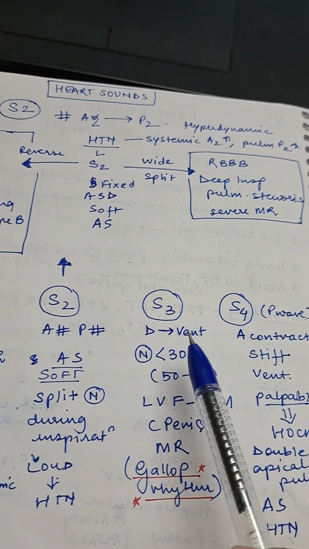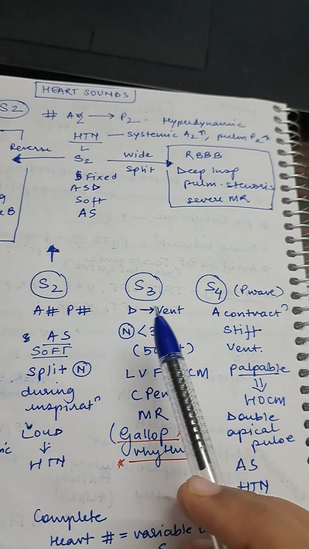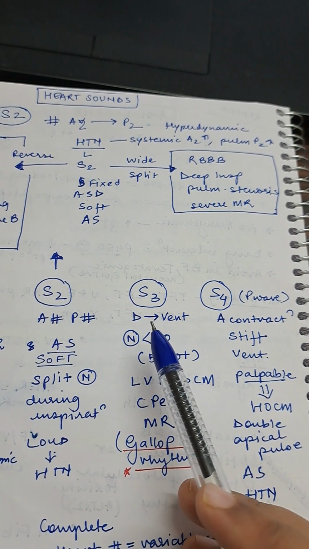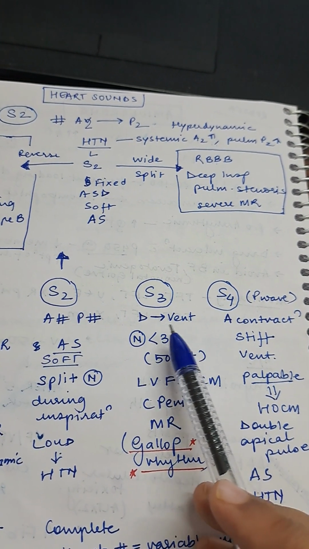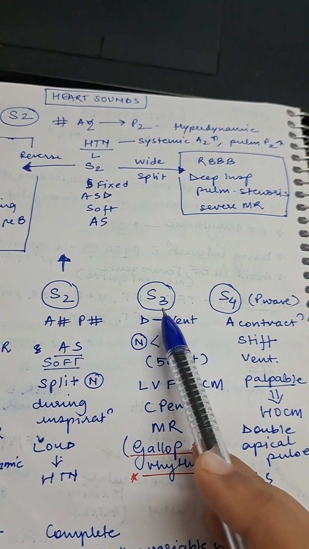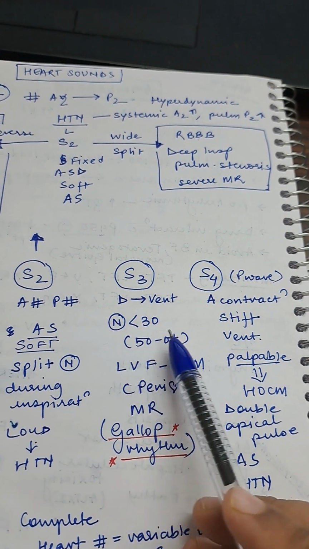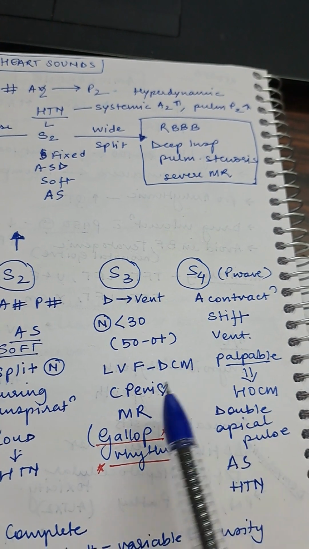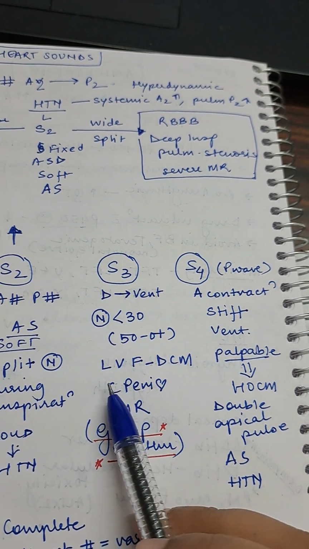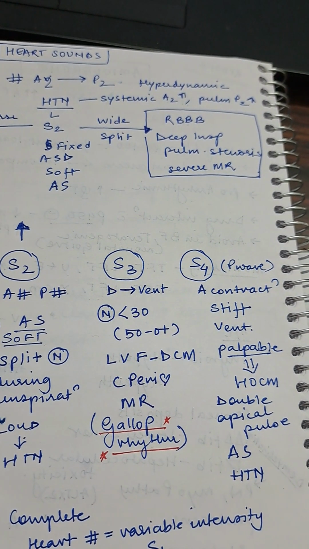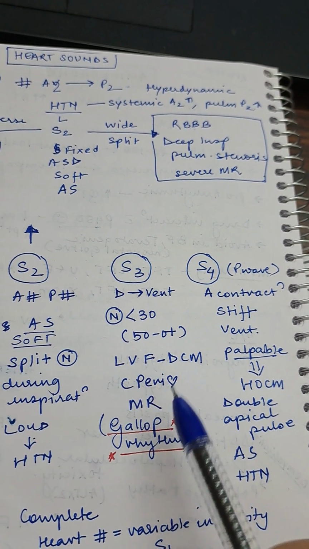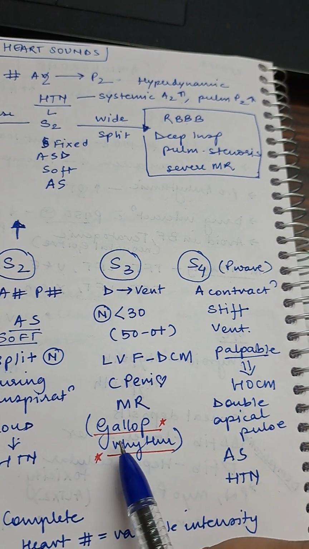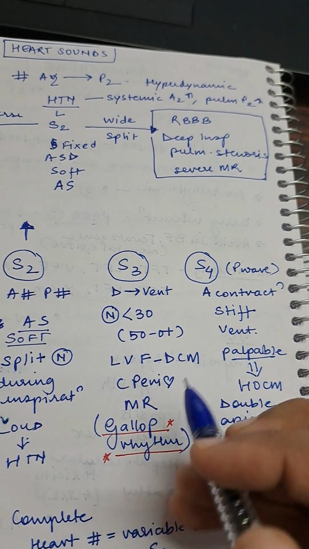Then S3. S3 is due to the filling of the ventricles during diastole. Now, S3 is normal in less than 30 years of age and up to 50 years in females. It is mostly seen in left ventricular failure, and it is one of the earliest signs of left ventricular failure, and that gives the gallop rhythm.